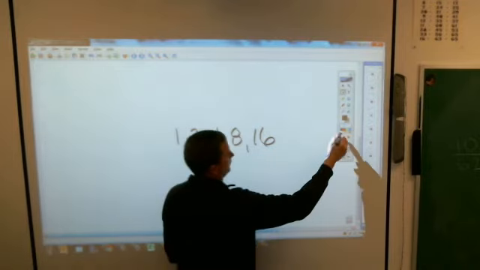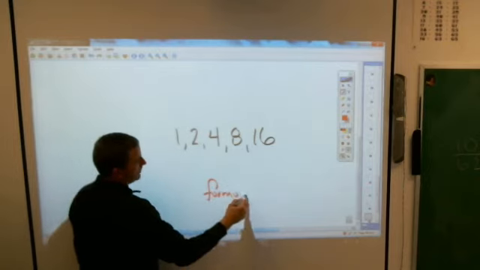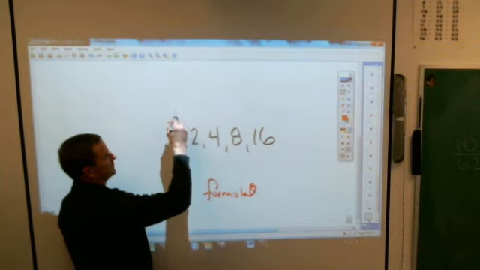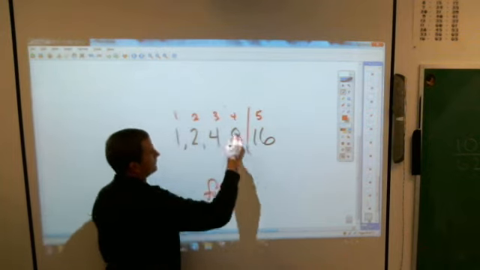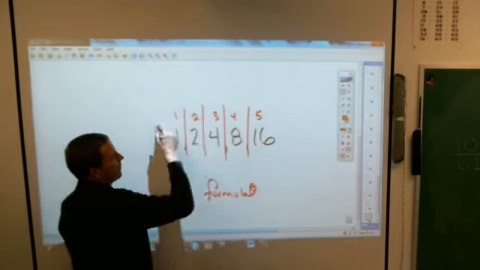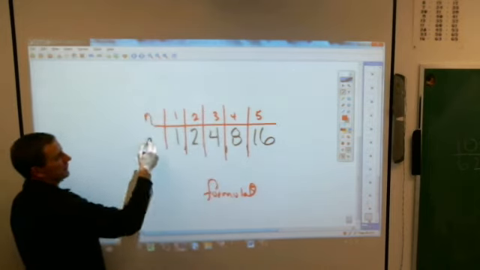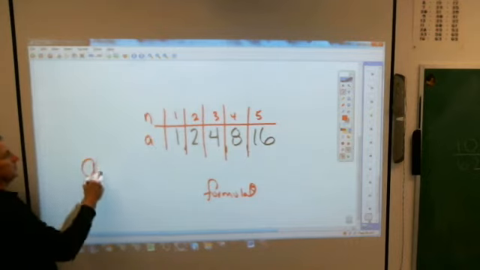Once again, if they're asking you for the formula, the first thing I do is put my numbers. This is the first term, second term, third term, fourth term, fifth term. And I label this. These are my n numbers, and these are my a numbers. And then I go, okay, a to some number.